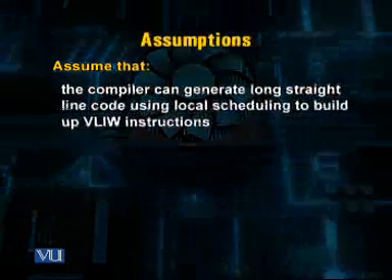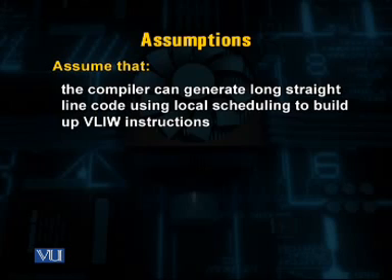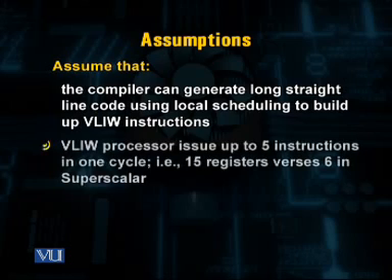These assumptions are that the compiler can generate long straight line code using local scheduling to build up a very long instruction word packet. The very long instruction word processor has a sufficient number of registers and functional units to issue up to 5 instructions in one cycle.